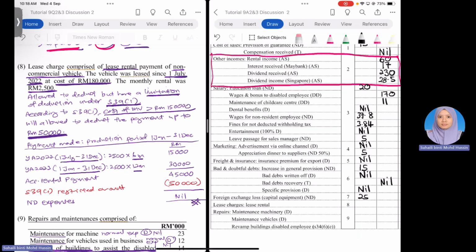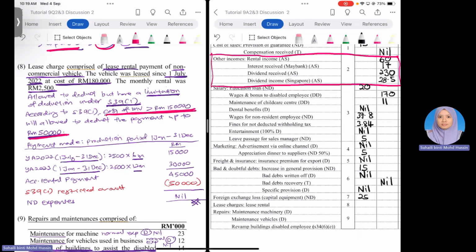If you remember our discussion in lecture 8, when you lease a non-commercial vehicle, if the cost of the motor vehicle is larger than 150,000 ringgit, the lease rental payment allowed for deduction is up to only 50,000 ringgit.